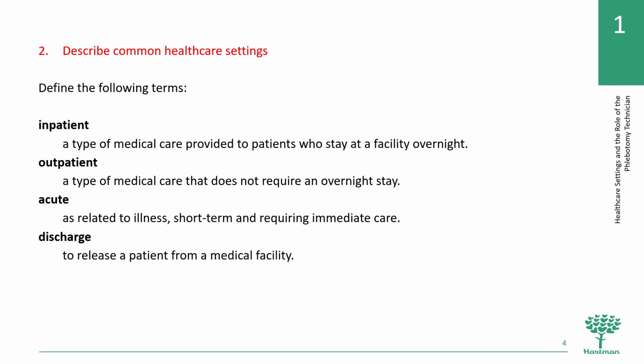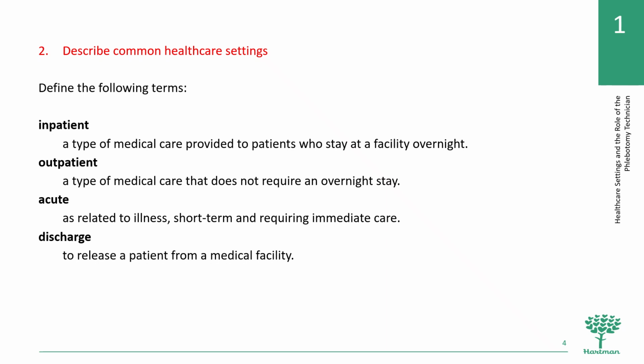So healthcare is provided in either inpatient or outpatient settings. Inpatient care is provided to patients who must stay at the healthcare facility overnight. Hospitals generally provide inpatient care and usually care for people whose illnesses are acute, meaning the illness is short-term and must be treated immediately.